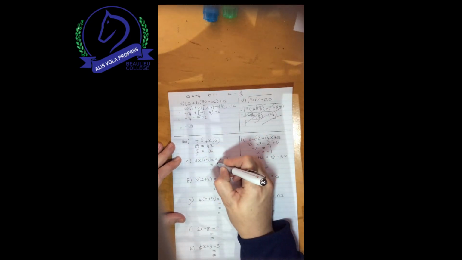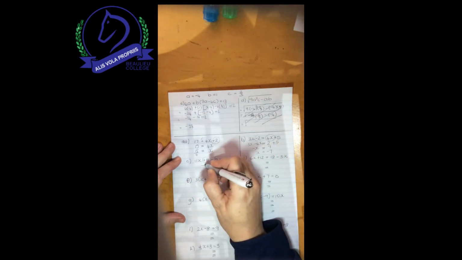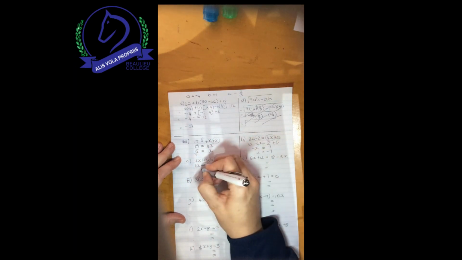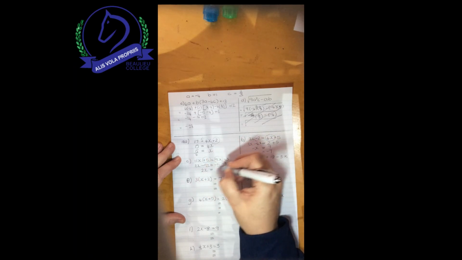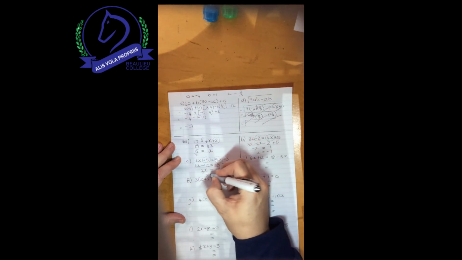Plus 5 will move, become minus 5. 9 will move, becomes minus 9x. 11x stays, minus 3 stays, so 2x is equal to minus 8. Divide by 2 on both sides, x is negative 4.